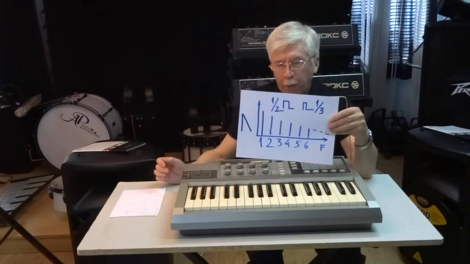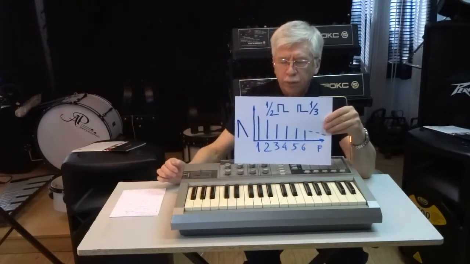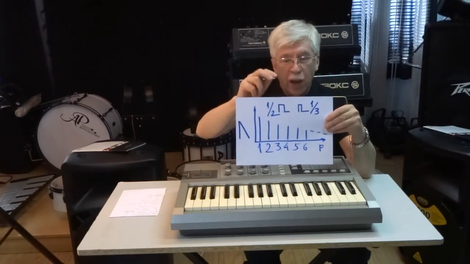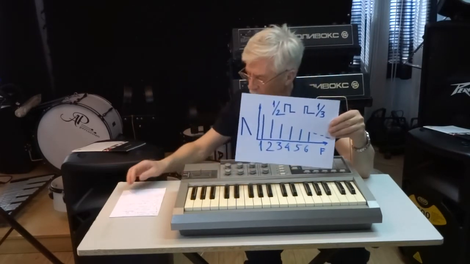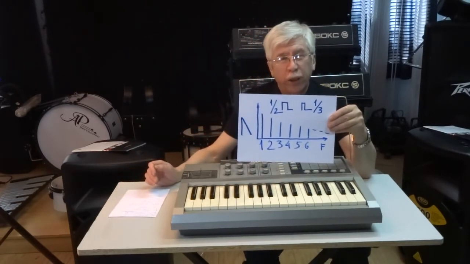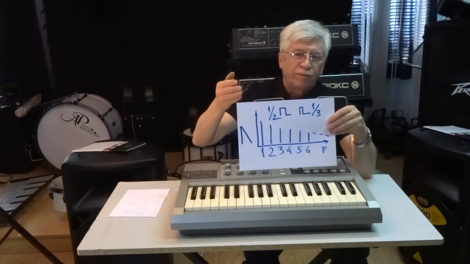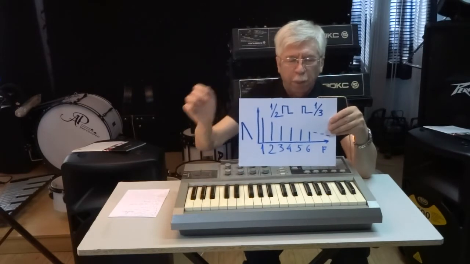If we have a square wave, where the pulse occupies half of the whole period, we have an odd spectrum with only odd harmonics, and this timbre is closer to clarinet and flute timbres.